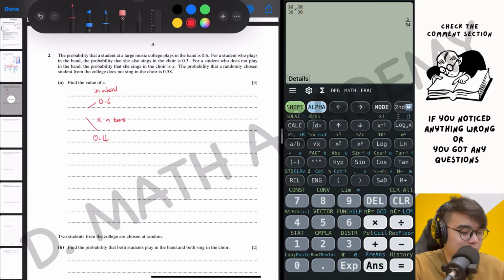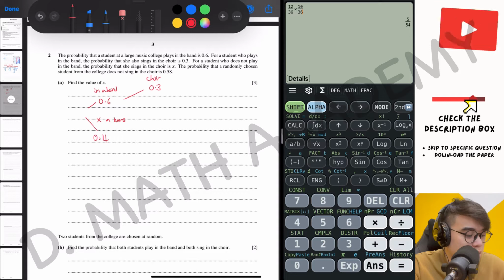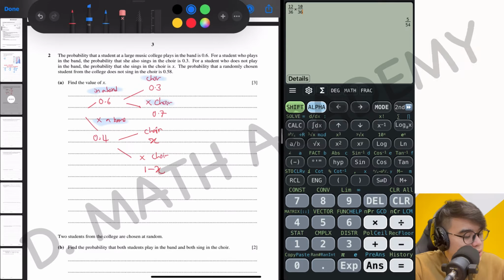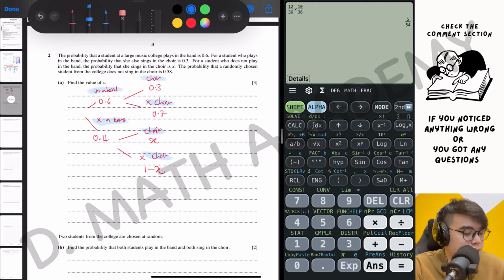Out of those in a band, sing in choir will be 0.3, and who does not sing in a choir will be 0.7. While if they are not in a band but still sing in a choir, that would be x, and doesn't sing in a choir will be 1 minus x. So these are the 4 scenarios that we could possibly get.